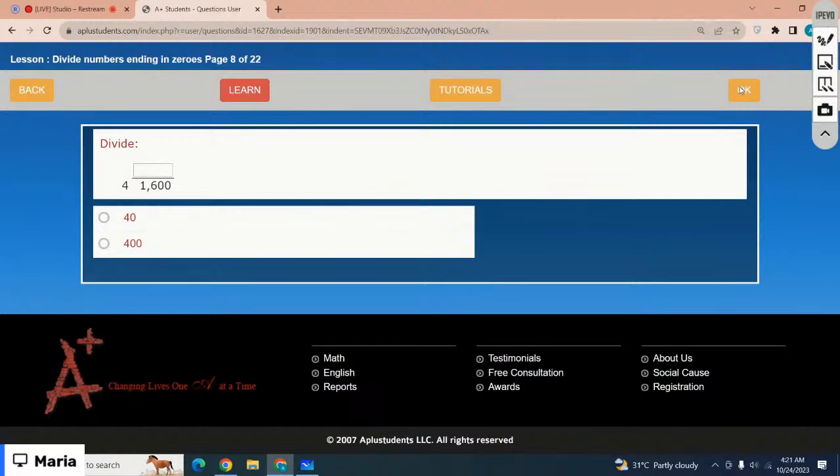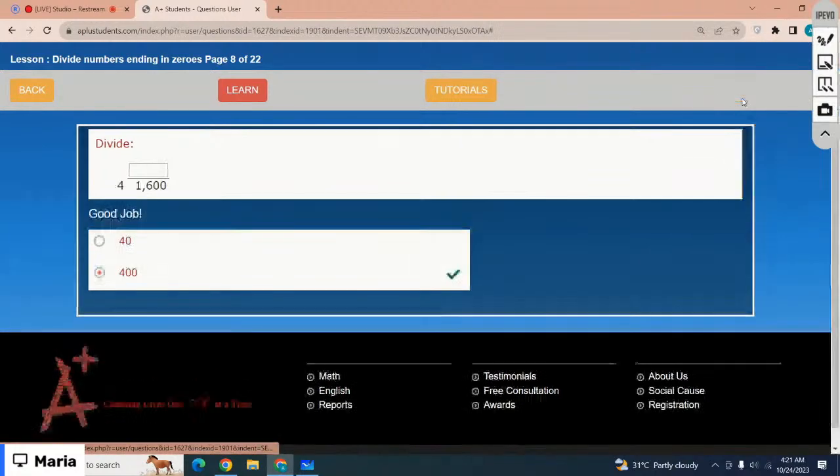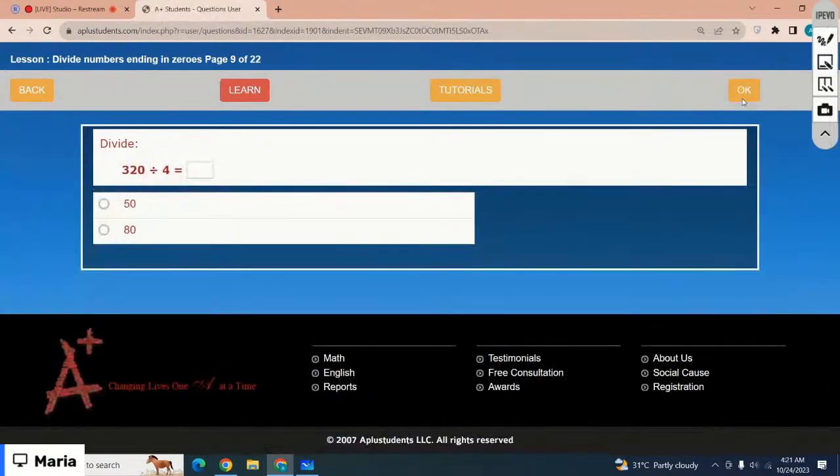Then I added 2 zeros, so that would be 400. Okay, 320 divided by 4, which is the correct option?